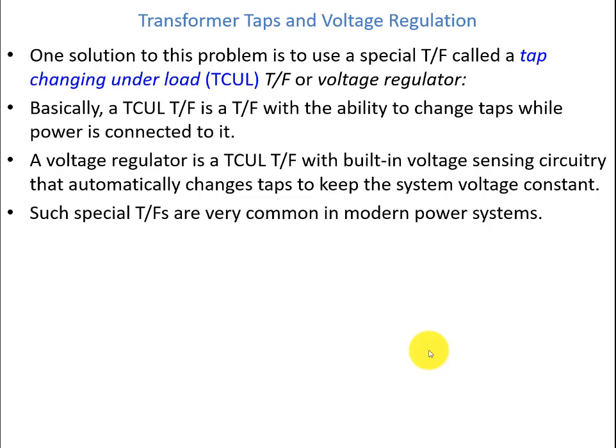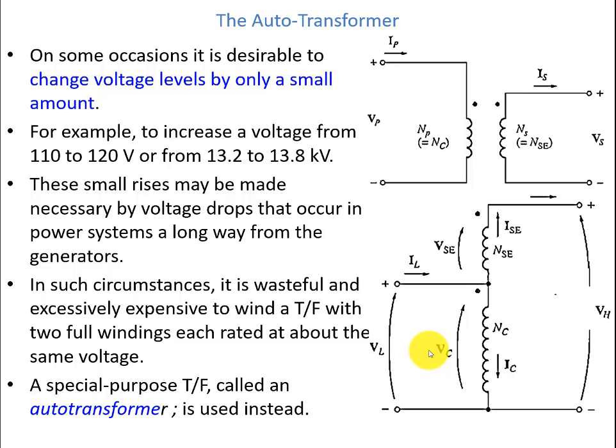Most people might have experienced these transformers at home, which we normally call voltage regulators. A voltage regulator is a tap changing under load transformer with built-in voltage sensing circuitry that automatically changes taps to keep the system voltage constant. Such special transformers are very common in modern power systems.